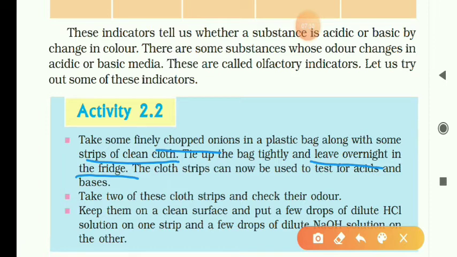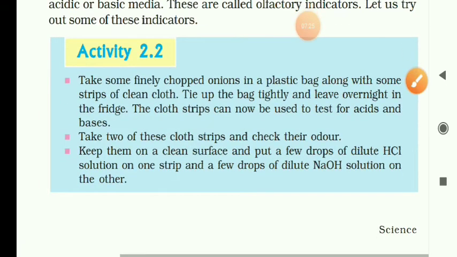You know that after keeping them overnight, the strips now have the smell of onion, so they behave as an indicator. Take two of these cloth strips and check their odor. Its odor is similar to onion.